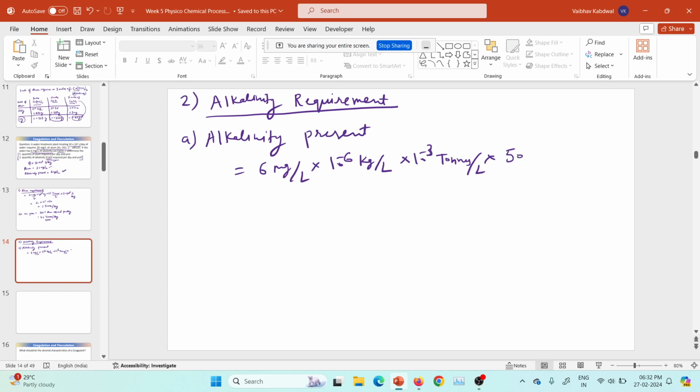Then we multiply it with 50 into 10 to the power 6 liter per day. This is the per day alkalinity present: 6 into 50 into 10 to the power minus 3, which is 0.3 tons per day.